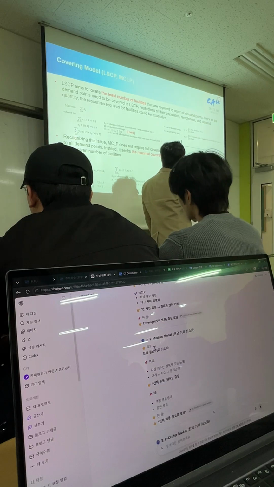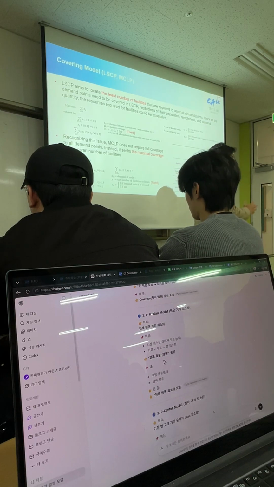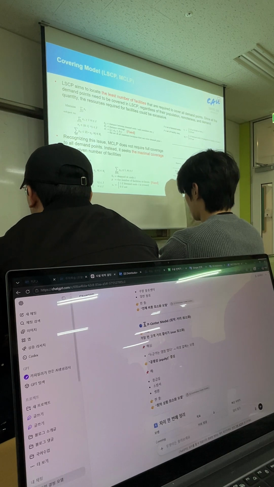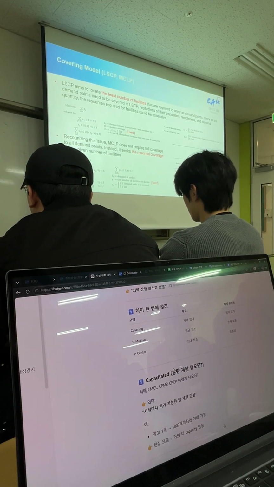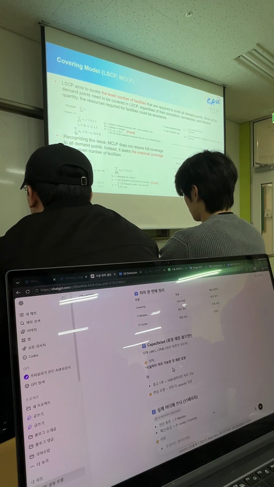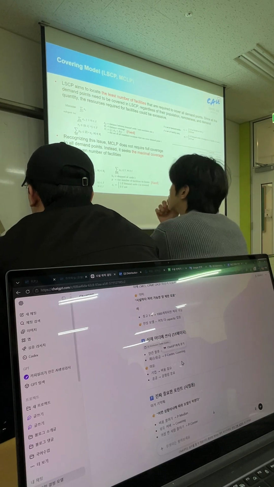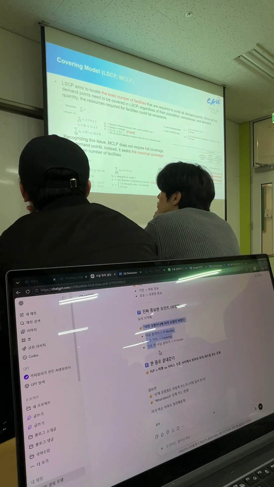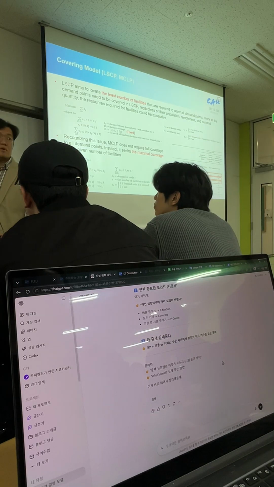And then yij, i means the demand node, isn't it? I means the demand node. So the demand node is served by the facility node j. So that is a kind of connection here. That is the network.